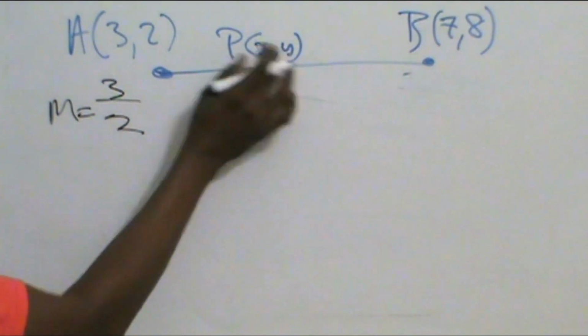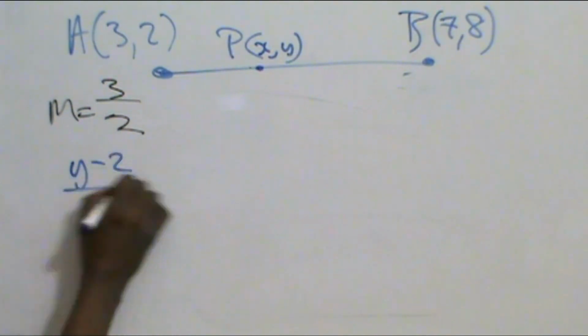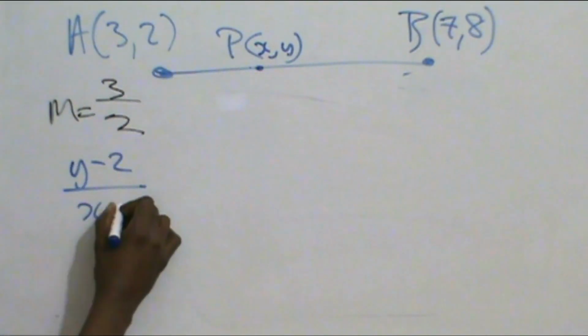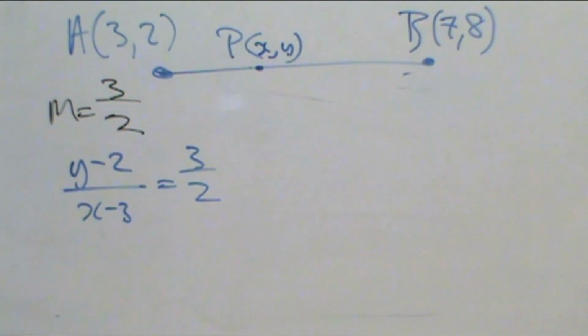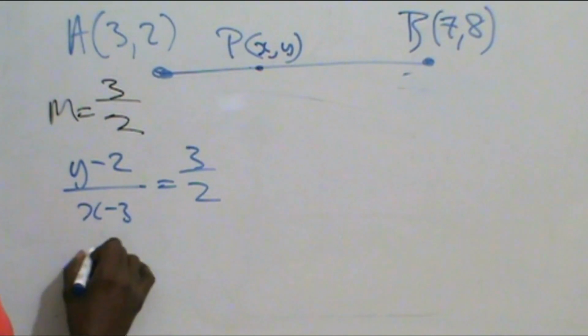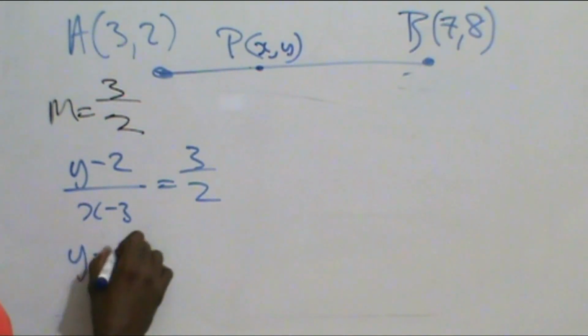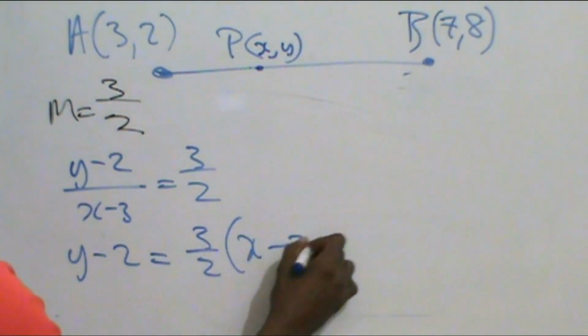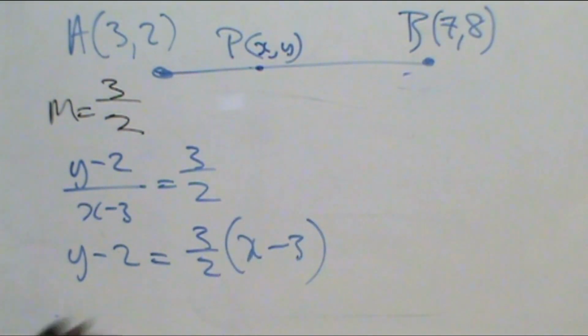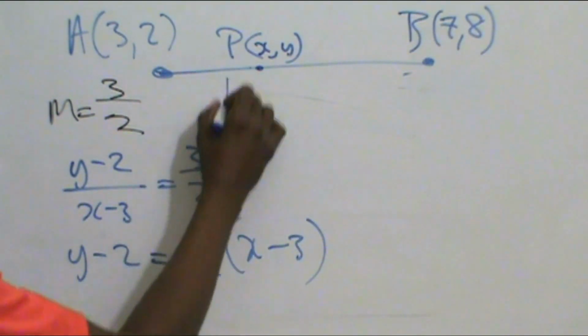Alright? So, watch it now. We say that (y minus 2) over (x minus 3) is equal to 3 over 2. And this time I'll write it out because we have a little more space to use. Alright? So the next line would be y minus 2 is equal to 3 over 2 into (x minus 3). And then we continue the calculations.